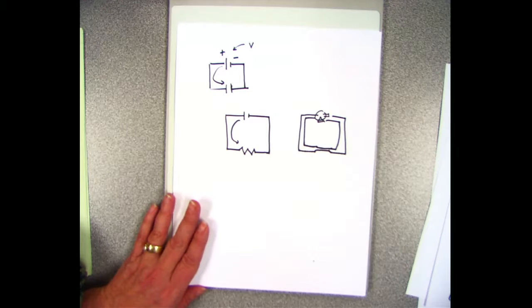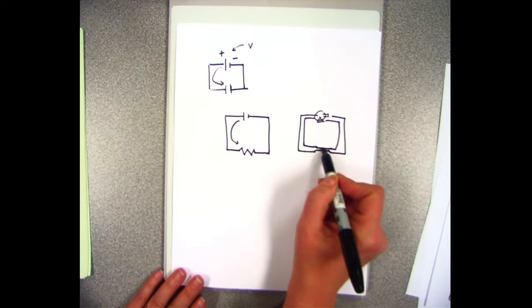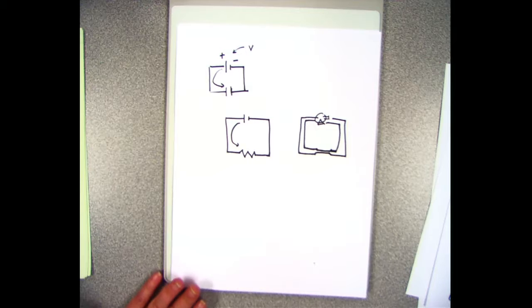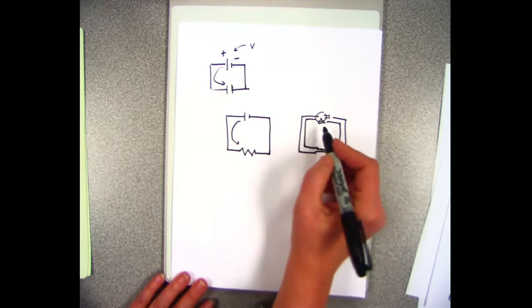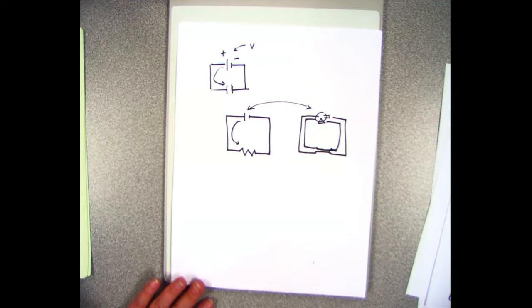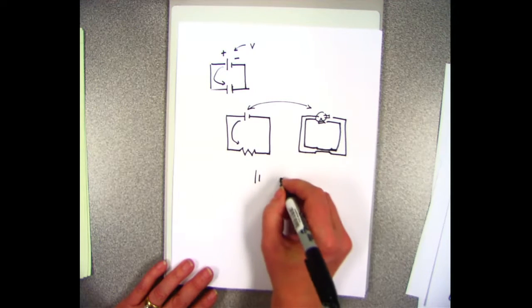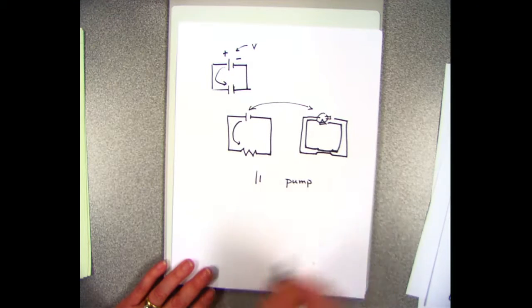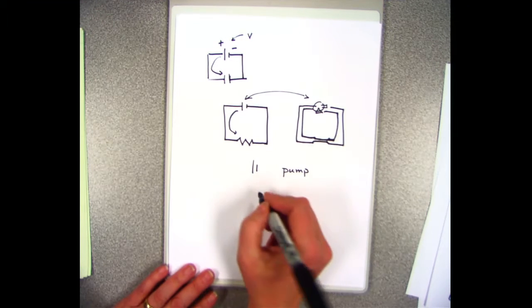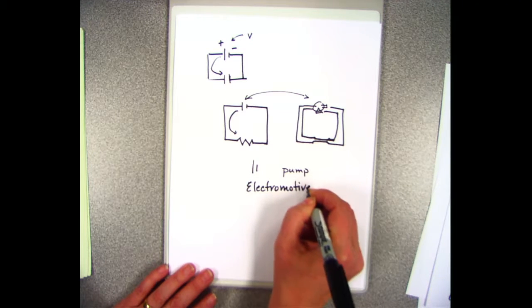I can look at current just like water going through the pipe. If I get this little restriction here, I'm going to get resistance to how the current is going to flow. I can look at my battery just like a pump. So we can think of these systems like the flow of water through a system. And when we do that, my battery becomes my pump. When we talk about that, we get something called electromotive force.